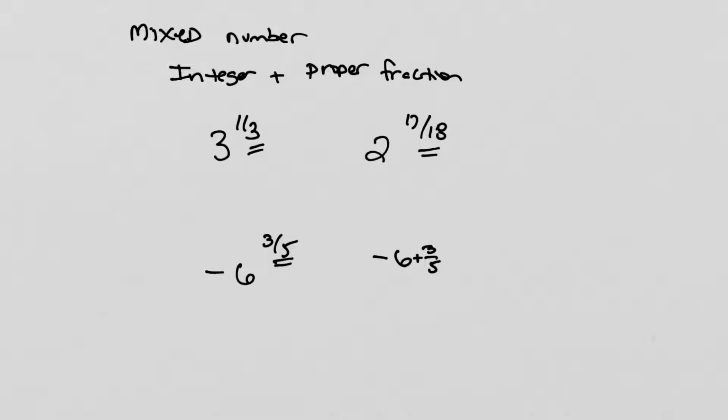Okay? The way we can go back and forth from these things isn't too bad. For instance, let's say I have this mixed number of 3 and 2/5. The way we can think about this is to get a common denominator and put it all together. So this is the same thing as 3 over 1 plus 2/5.